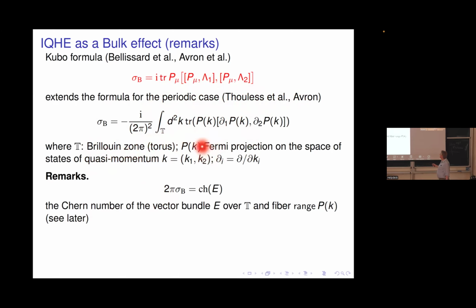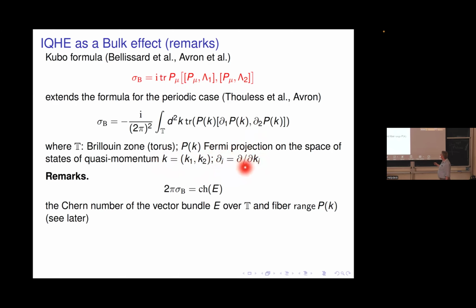Then the Fermi projection can be decomposed according to each and every value of the quasi-momentum K. And then instead of having these commutating switch functions, you would have derivatives of this P of K with respect to either the first or the second component of the quasi-momentum.